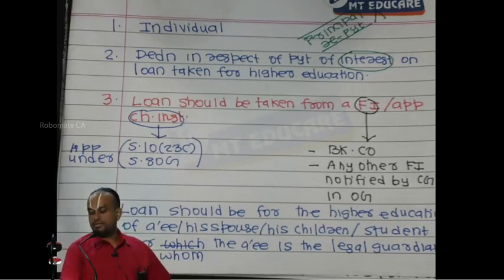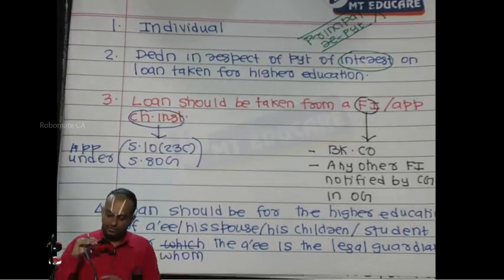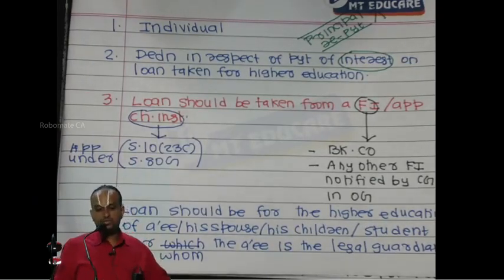It doesn't cover principal repayment. Loan should be taken from a financial institution, meaning a banking company or any other financial institution notified by the central government in the official gazette. Approved charitable institution means one approved under section 10(23C) or 80G.